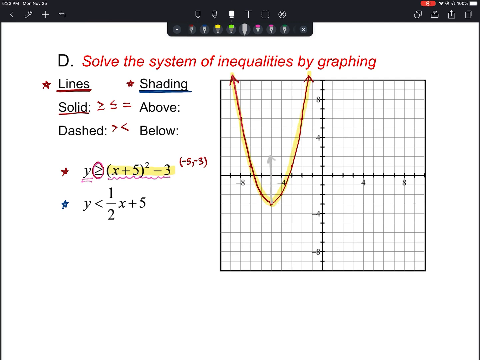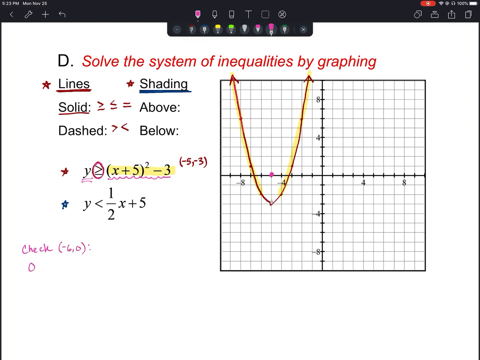But if you're not sure about that, let's just do something similar to what you did in one of the previous lessons, and choose a point and plug it in to make sure it makes it true. If it's me, I'm going to check with the point here. Let's say this looks like -6. I'm going to check to see if that's true. If it's not, I'm going to choose a point from outside of the parabola to see if it makes it true. So here's my check on the left side. I'm going to say this was the point -6, 0.